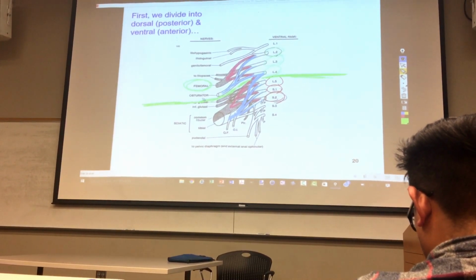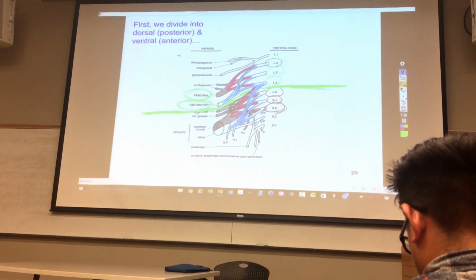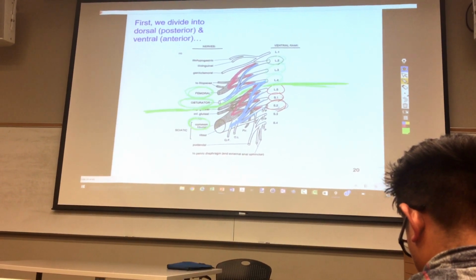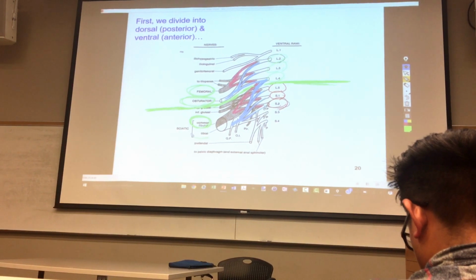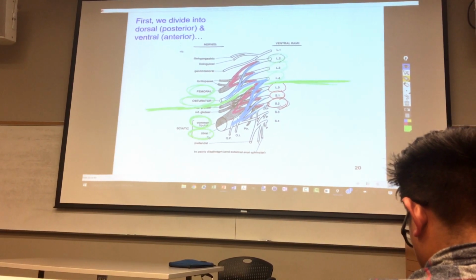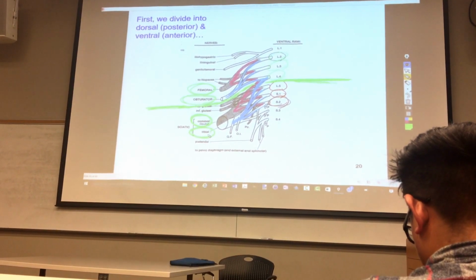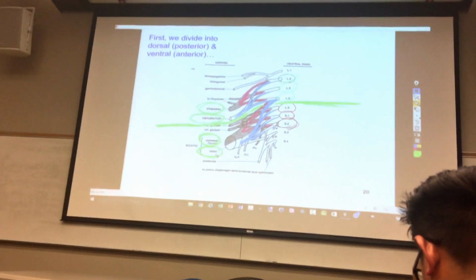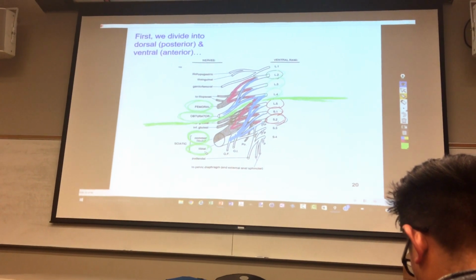A nerve that's a little bit more cranial, and it's made up of ventral parts. A nerve that is a little bit more caudal, made of dorsal. A nerve that's a little bit more caudal and made of ventral. Yes, there are more nerves than this, but those are your four basic nerves coming out of your lumbosacral plexus.